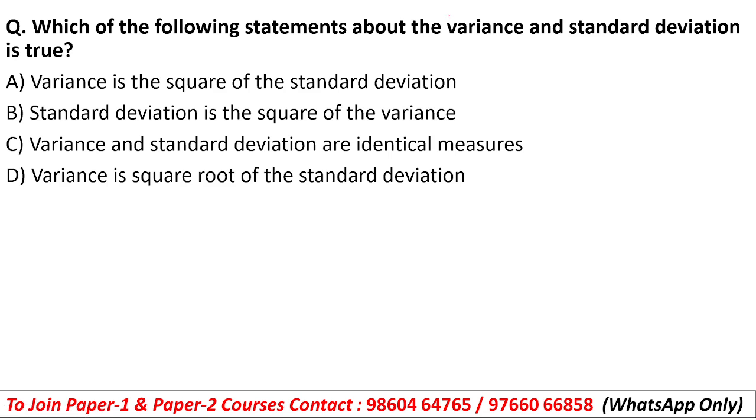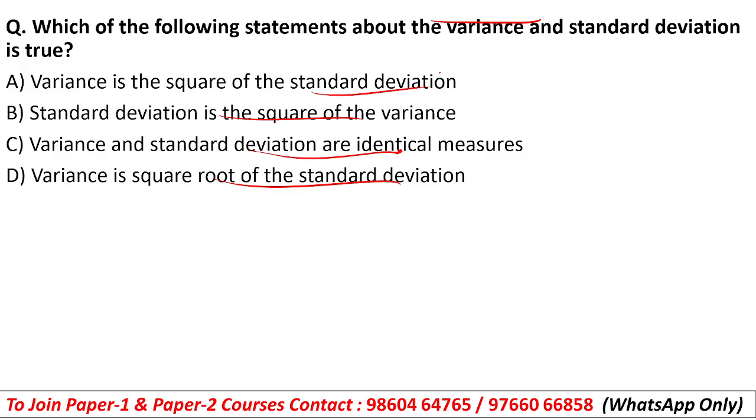Which of the following statements about the variance and standard deviation is true? Variance is the square of the standard deviation, standard deviation is the square of the variance, variance and standard deviation are identical measures, and variance is the square root of standard deviation.